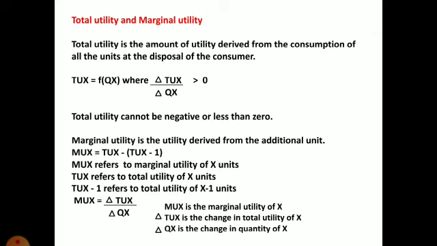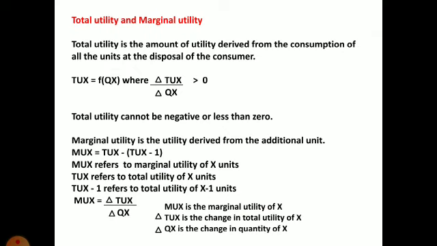Whereas marginal utility is the utility of an extra or an additional unit. Now let us suppose that the consumer consumes 6 units of commodity X. The amount of utility he derives from all units of X is total utility.